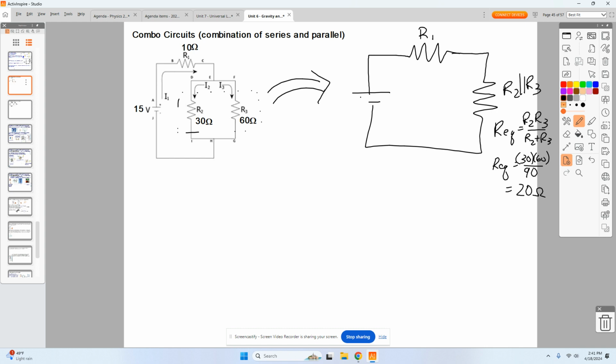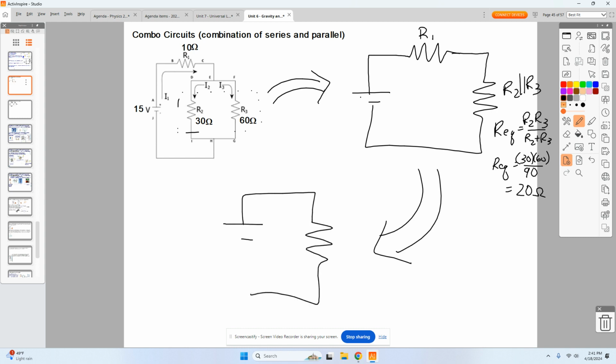Now if I wanted to, I could go through and do one more circuit that simplifies this into a single battery and 1 resistor. This is as simple of a circuit as we can get. If this is 10, would you agree the equivalent resistance of this entire thing is 30 ohms? You guys agree? Yes. If this is a 15-volt battery and that is a 30 ohm resistance, the current flowing through that source, I, is equal to half an amp.